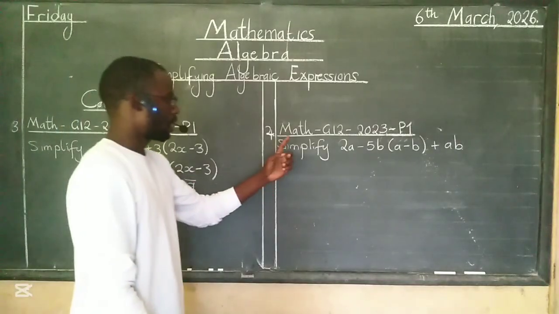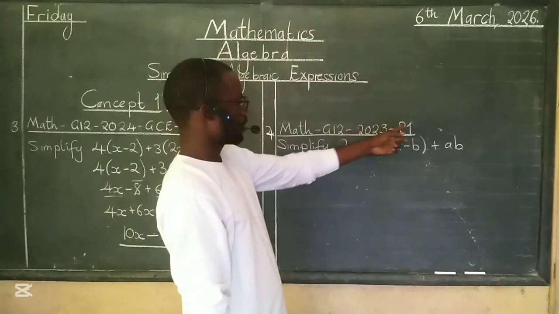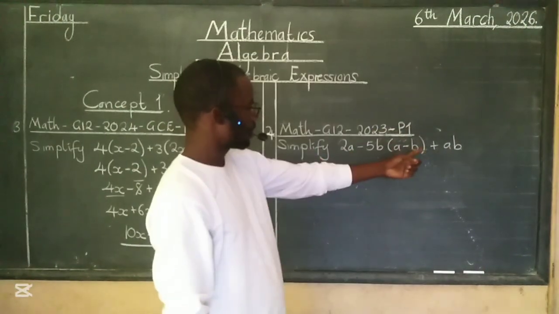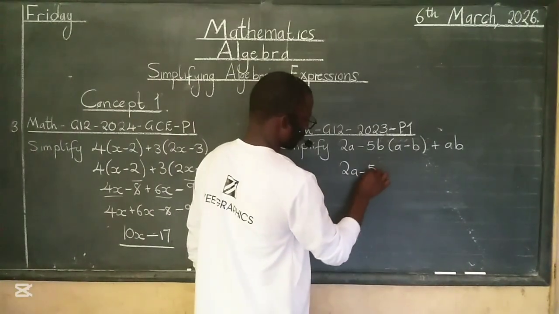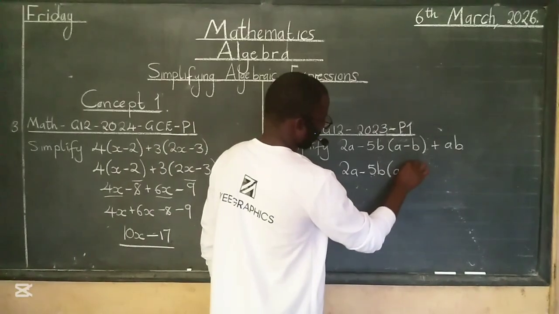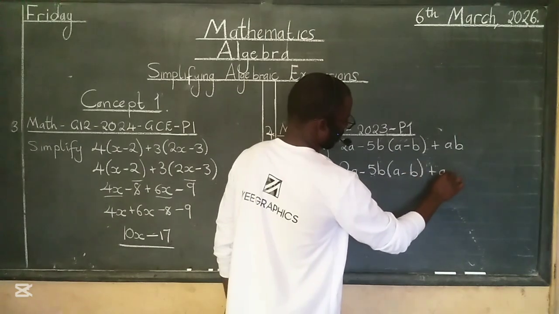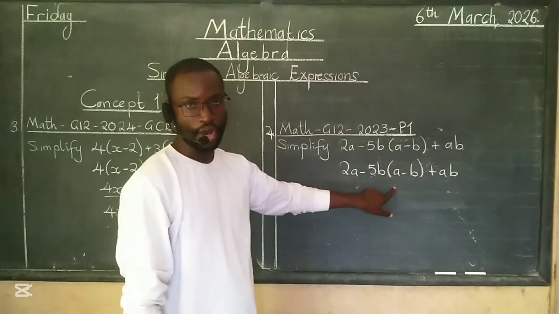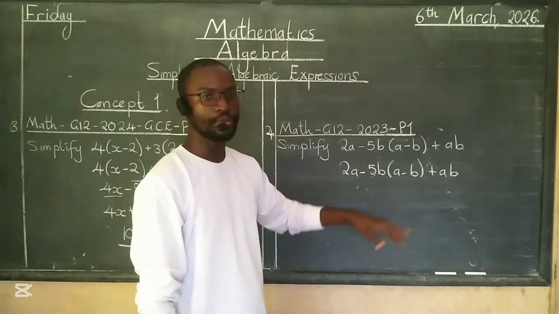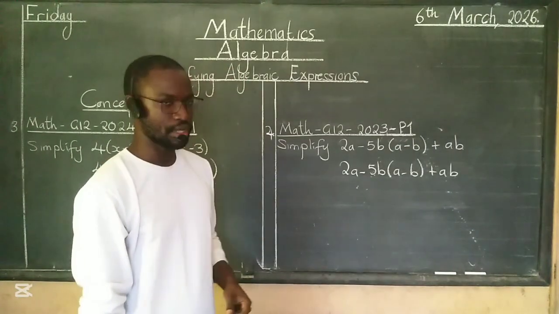Example 4. Mathematics grade 12, 2023, paper 1. So simplify this. As usual, 2a minus 5b(a minus b) plus ab. Here, this is the only part where we have the brackets. This is the only part where we are going to use the commutative law.